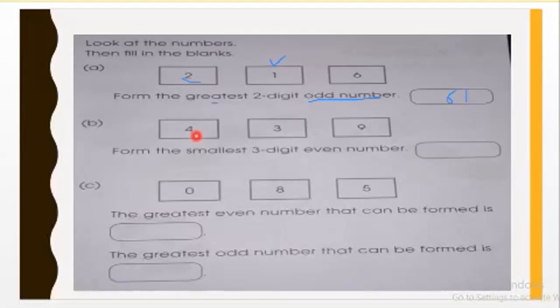Let's read the numbers 4, 3, 9. Okay, let's have a look at the question. Make the smallest three-digit even number. Okay, they're telling you to make the smallest even number. The first rule we need to work on is that it is an even number, so figure out which is the even number. Is it 3? No. The even number we have is 4.